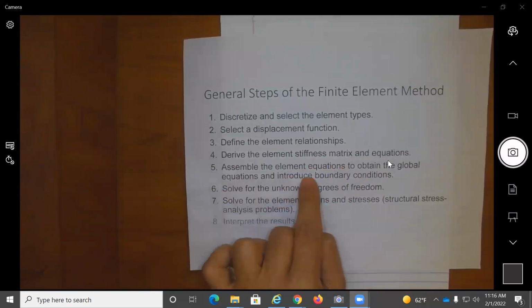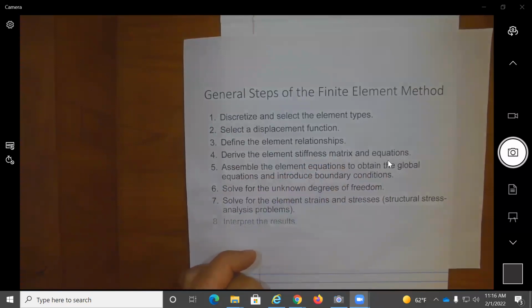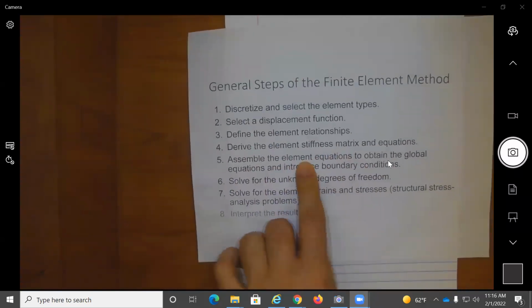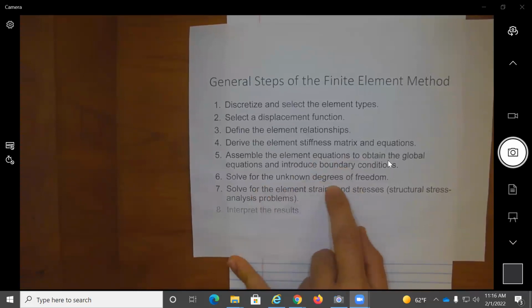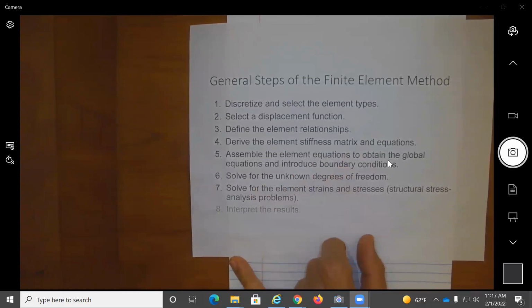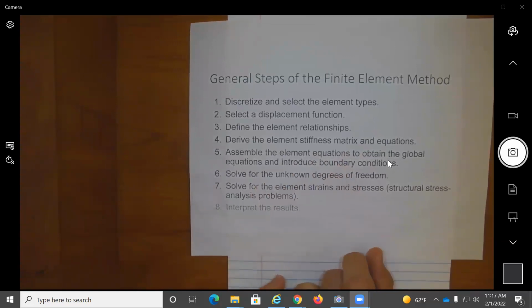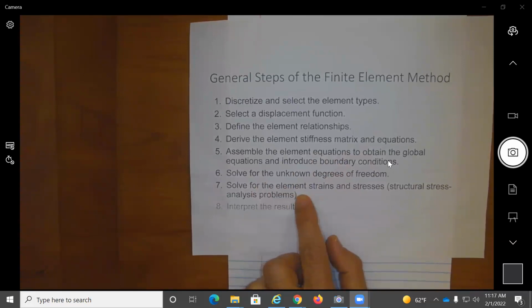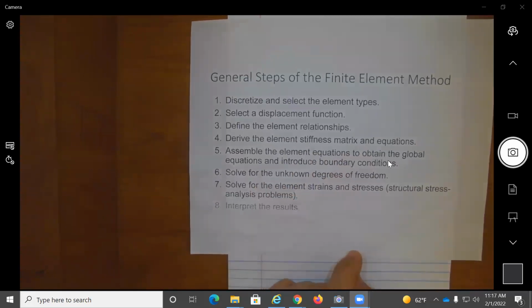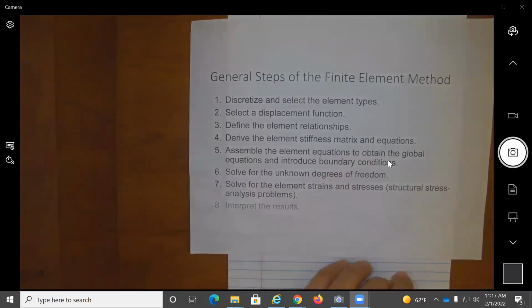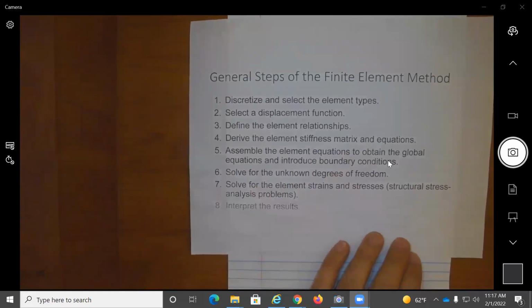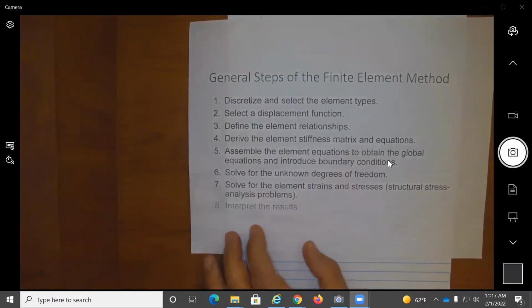We learned how to assemble element equations, obtain global equations, and apply boundary conditions so that we can solve for the unknown degrees of freedom. We used these degrees of freedom to solve for the internal forces, which we can use to find the stresses or the strains for the spring element. We were able to interpret the results.